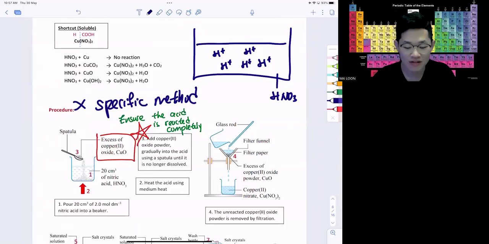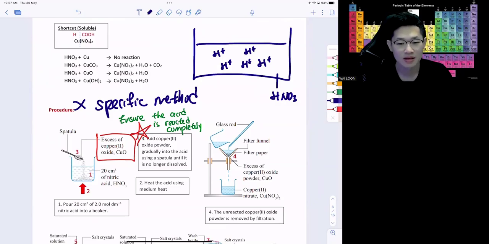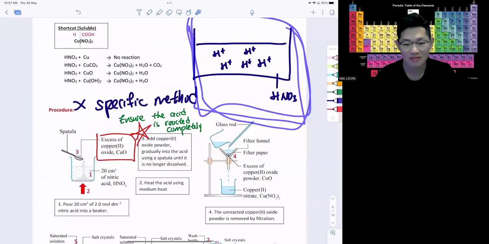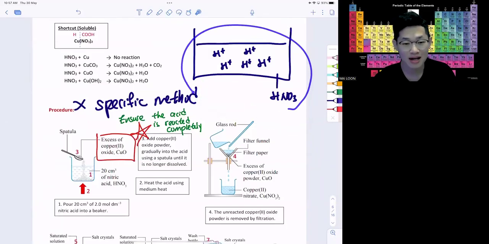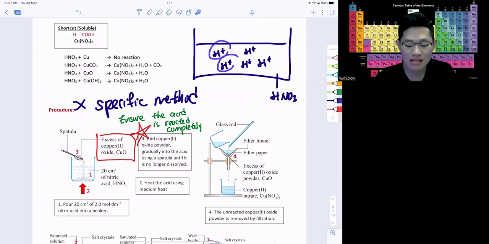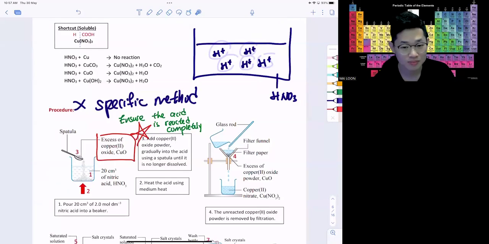Okay, so I have a beaker of acid here. Okay, back. So this is my nitric acid in the beaker. In the acid, there will be a lot of hydrogen ions.